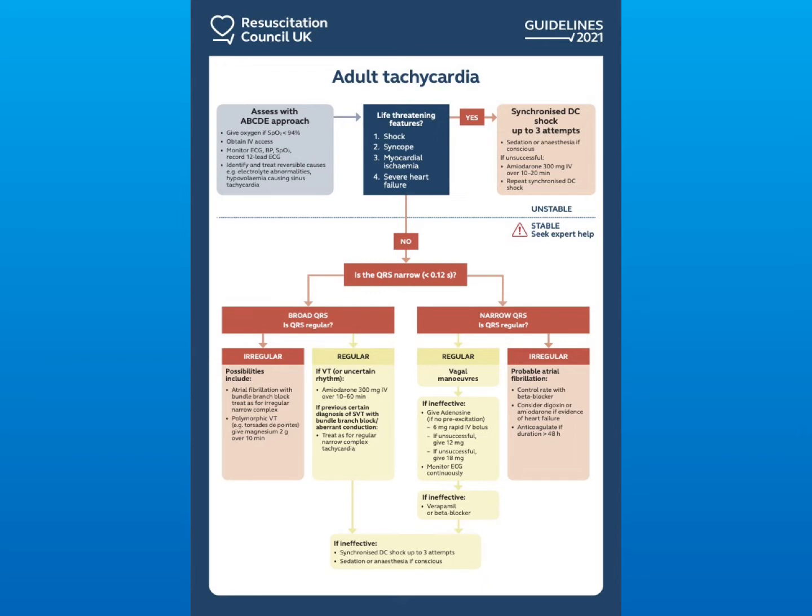For example, if a patient with atrial fibrillation and a rapid ventricular response, you might try a beta blocker. But in a patient with wide complex tachycardia, you wouldn't try a beta blocker because this patient might have an accessory pathway, which we'll get into in a later video, and a beta blocker could decrease the conduction through the AV node and worsen the arrhythmia.